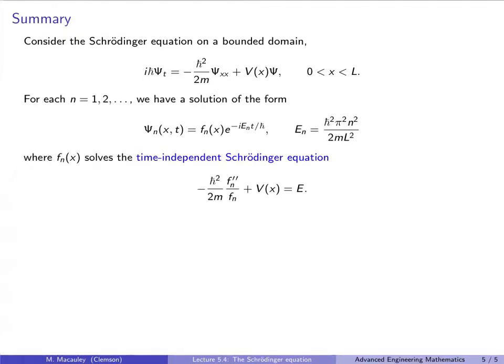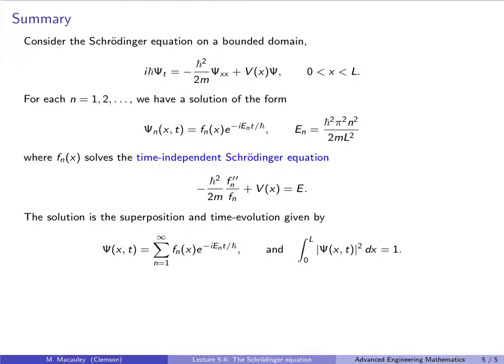Okay, so fn solves, of course, an ODE, and this is the time-independent Schrödinger equation. This has nothing to do with time, assuming that the potential is not time-dependent, which, if it is, all bets are off.